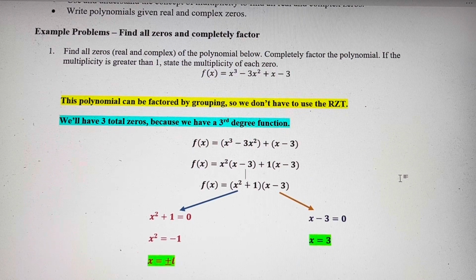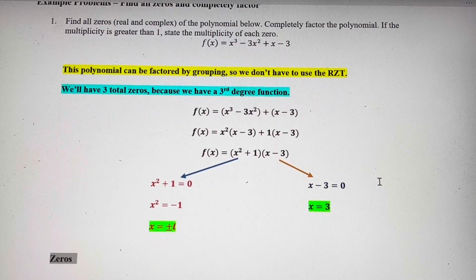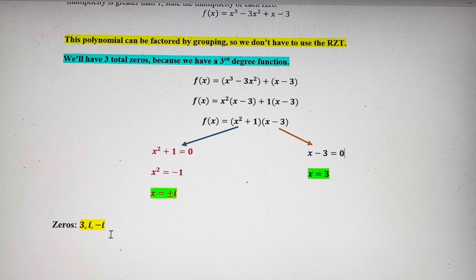So for this polynomial, we've got 1 real zero, which we can use to graph the function, if you think back to what we've done previously. And we've got these 2 complex zeros, which don't help us when it comes to graphing, okay? So the zeros in order are going to be 3, positive i, and negative i, okay? And now that I know those zeros, I can write out the complete factorization using those zeros, okay?